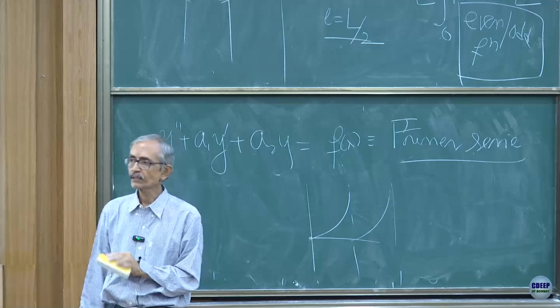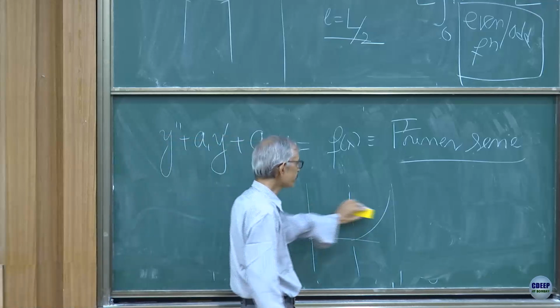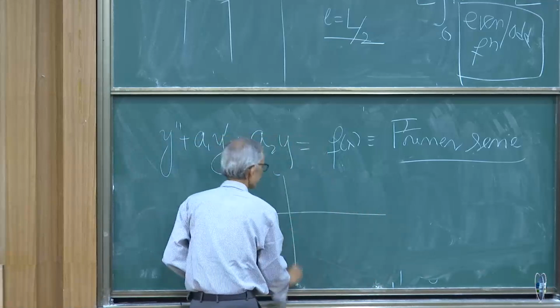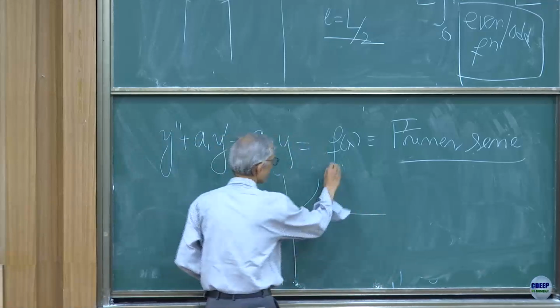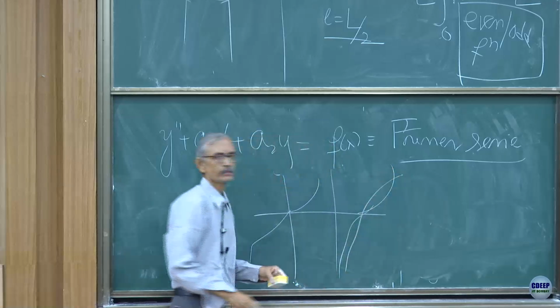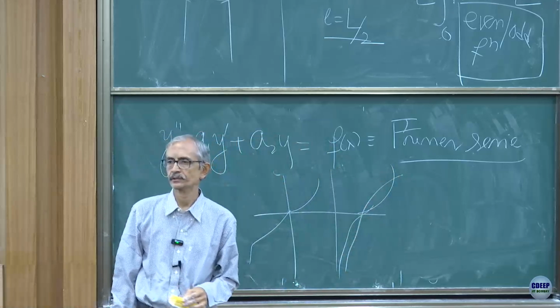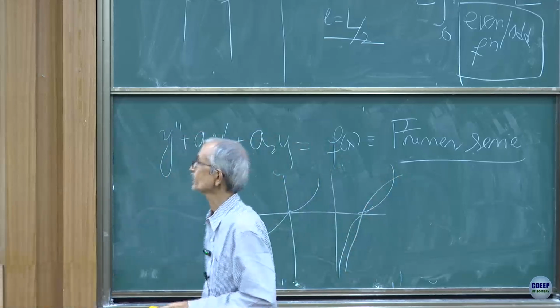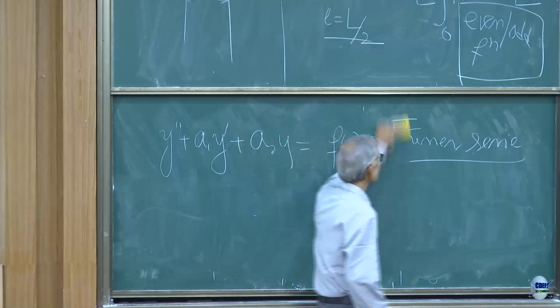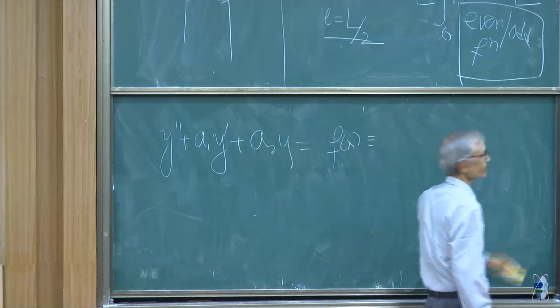Whereas if I give you this specifically, or if I tell you that this is what the system is going to be like, then you need to put the correct formulation. All right.